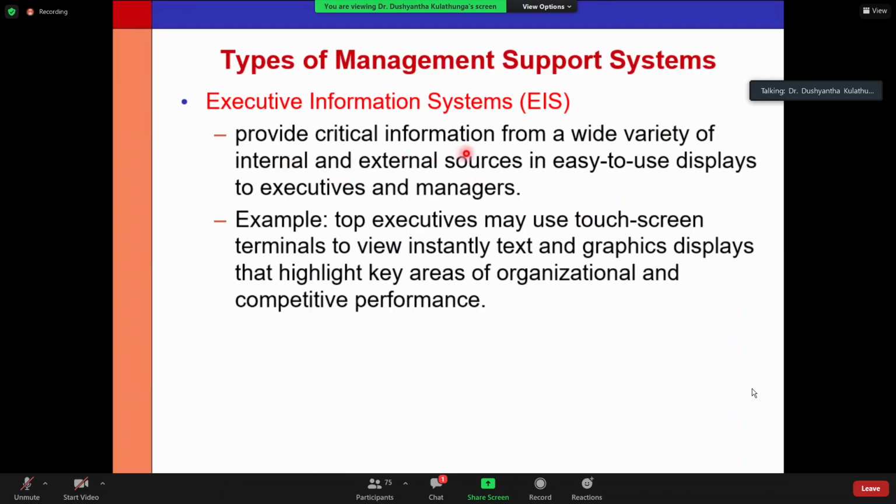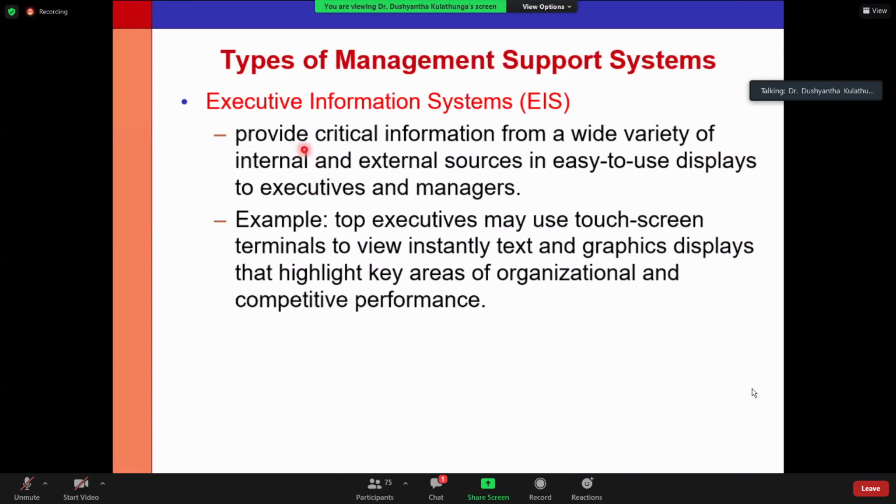Now, when it comes to higher management or top management in an organization, they can't make decisions solely based on internal information or internal data. So focusing on external data and external information is very wide: maybe market related information, competitor related information, or other external factors like government and so on. Focusing on those aspects may be very vital, very critical.